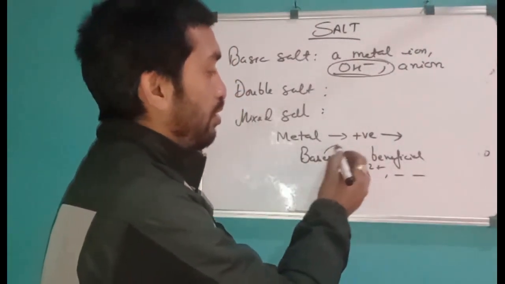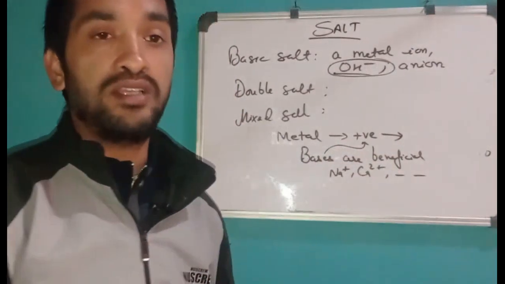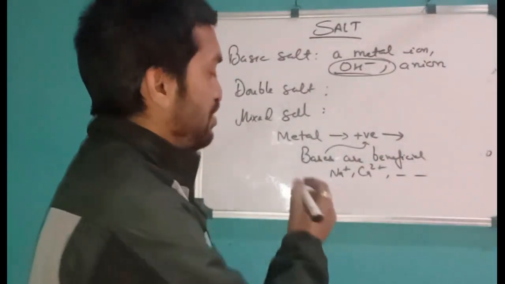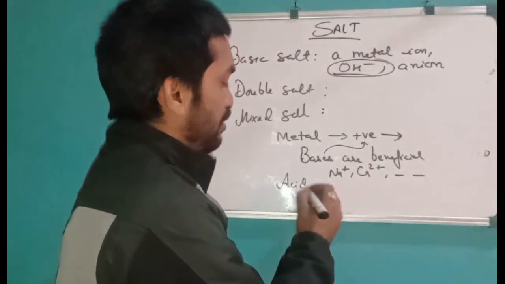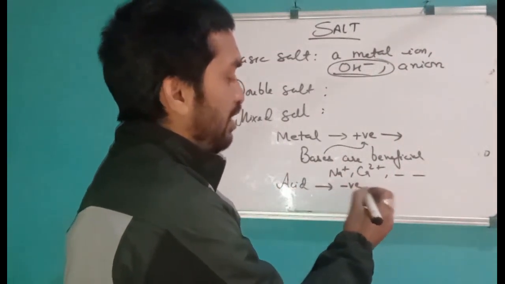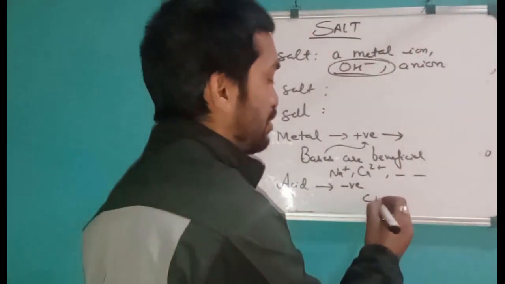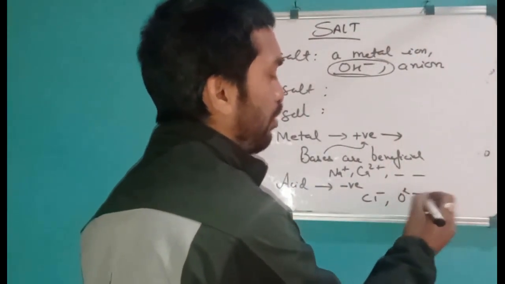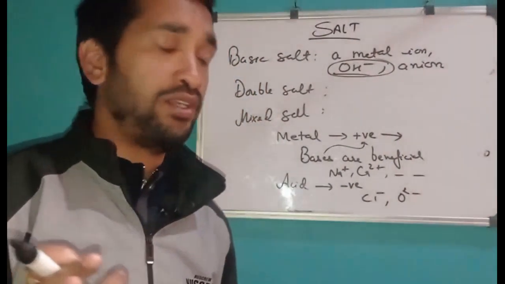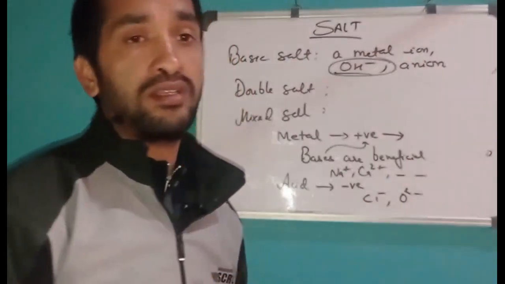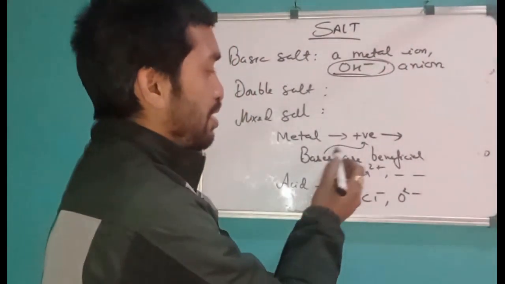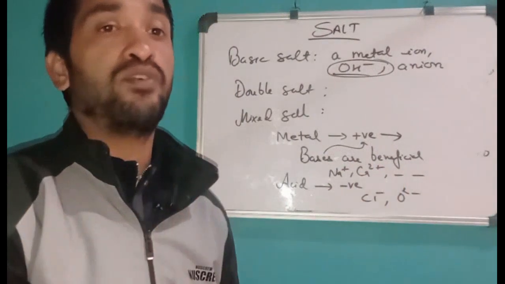Bases are good for your body. So every positive ion is basic in nature. And acids are bad for your body, negative. So every negative charge species will be acidic in nature, like your Cl negative, O2 negative. Every negative part that you will see, it will be acidic. Just remember, bases are beneficial for your body, means positive for your body.